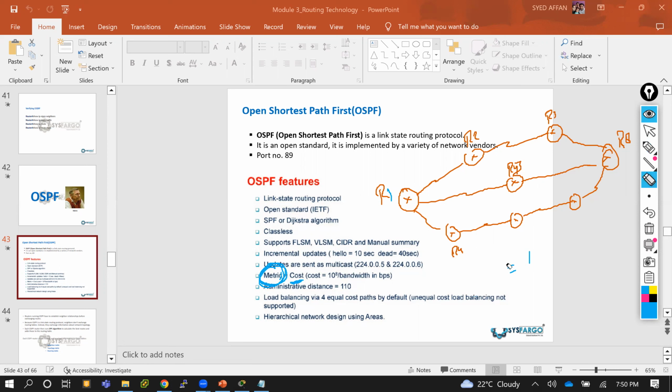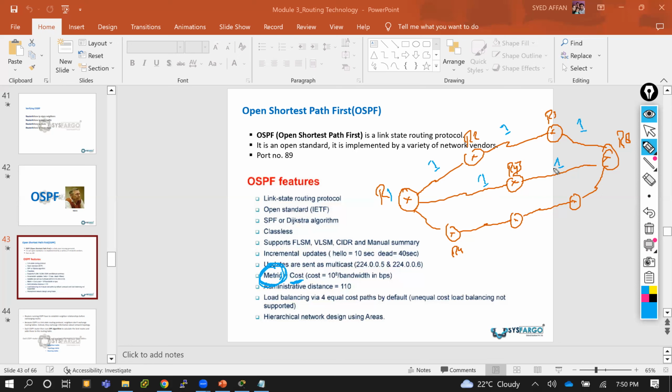Suppose you have high speed bandwidth, the number comes lower, right? Okay, example here.